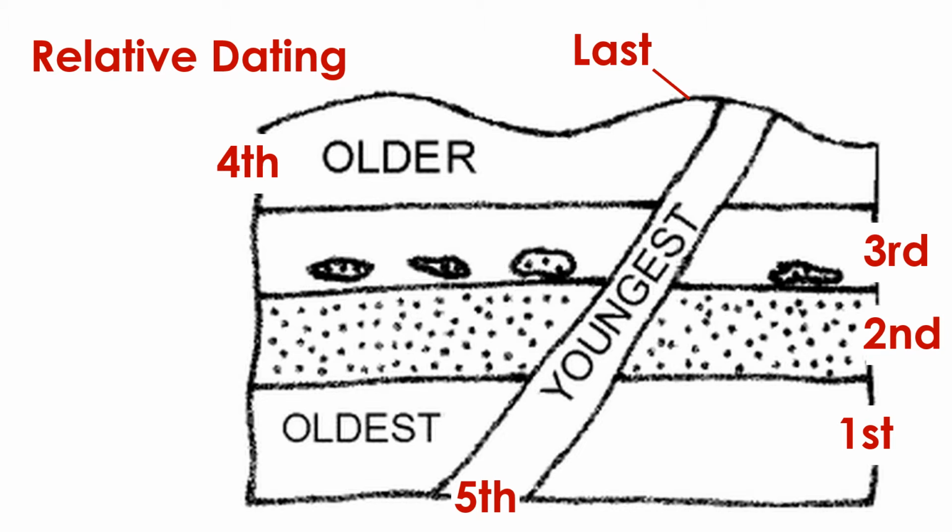Because it is relative dating, you are only focused on the order. Which event came first? Which came second, third, fourth, and so forth. In this way, relative dating will tell you the sequence of events, but not when those events actually happened.